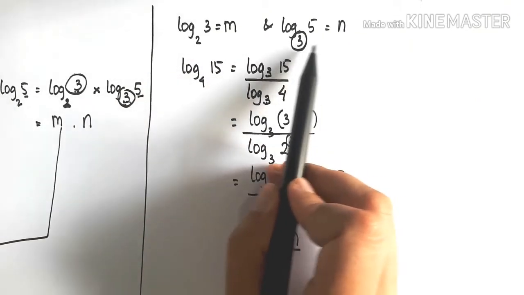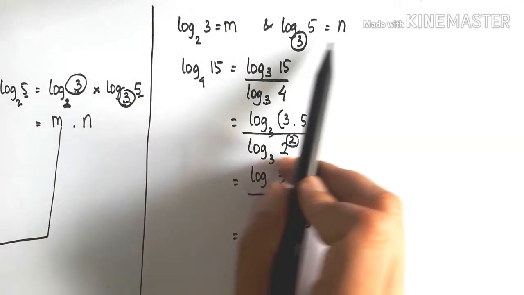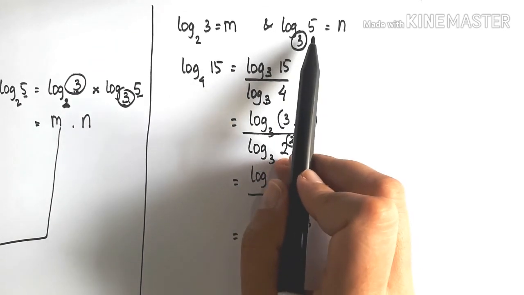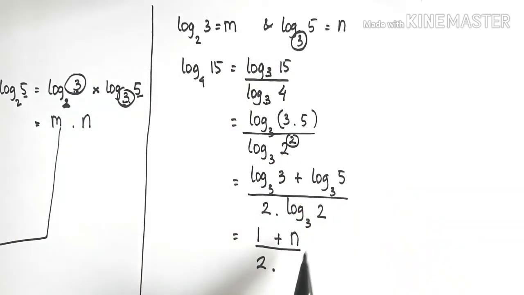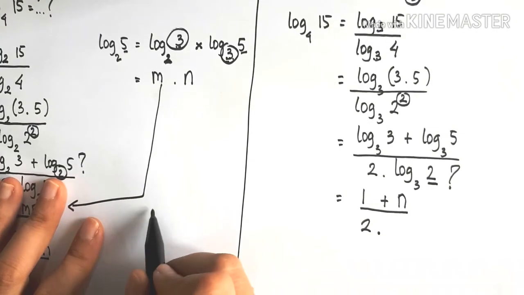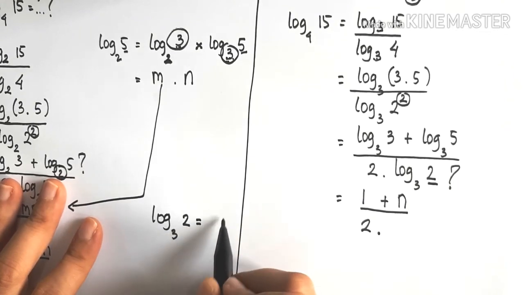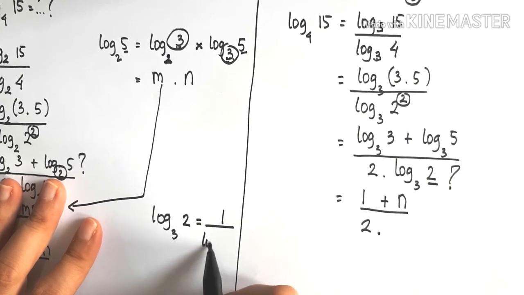Okay, be careful. Do you have log base 3 of 2? Here we have log base 3 of 5, the argument 5, but here we have 2. How to find it? We can write that log base 3 of 2 is 1 over log base 2 of 3.